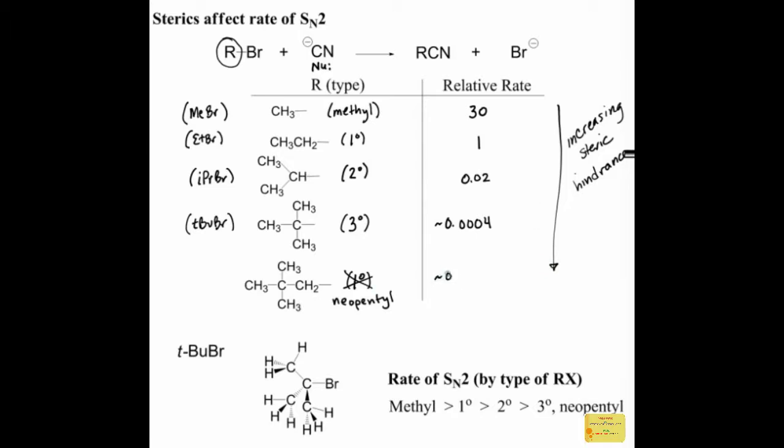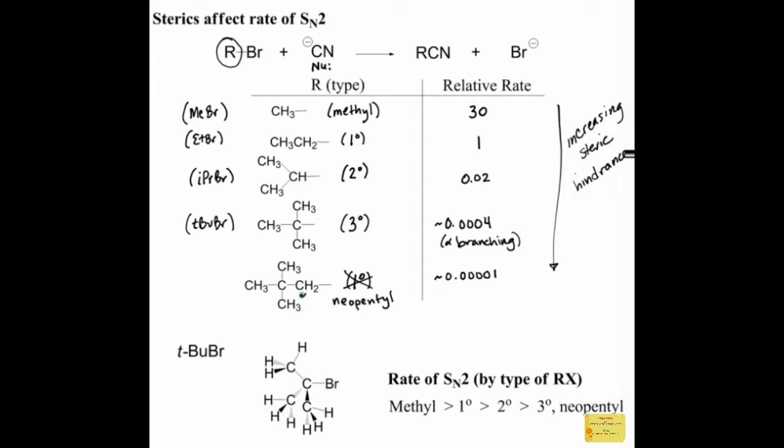Neopentyl is even slower, actually. There's 1, 2, 3, 4 zeros, and then a 1. So what we've done is we've increased the branching on the carbon bearing the leaving group. We describe this first one as having alpha branching because the branching occurs at the same carbon as the bromine.